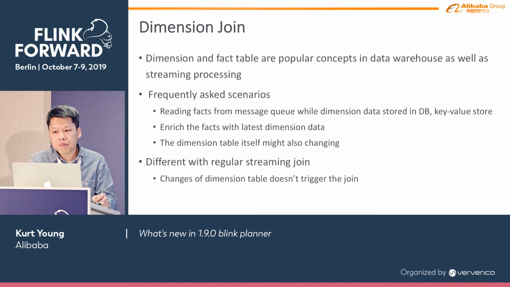It's of course not a purely batch join, because we have to deal with an unbounded fact table. It's also not a regular streaming join, because in a regular streaming join, if something changes on the dimension side, you have to trigger the calculation again. You have to retract the wrong results you have fired and output new correct results. So it's actually different from both.